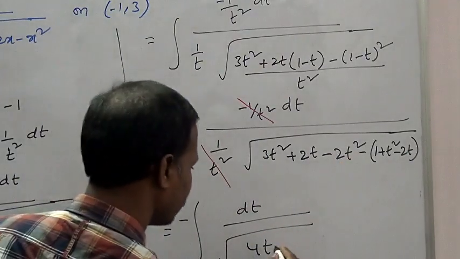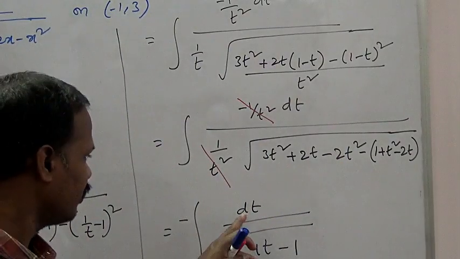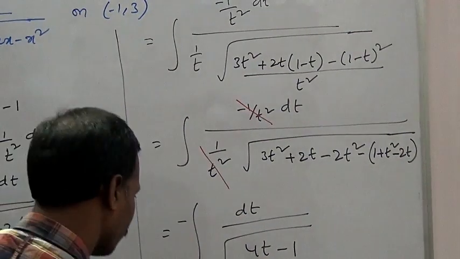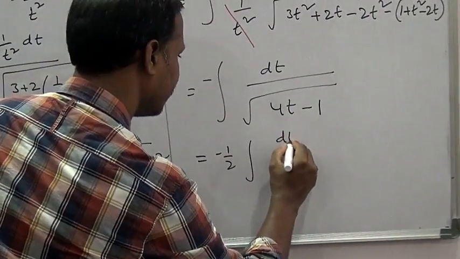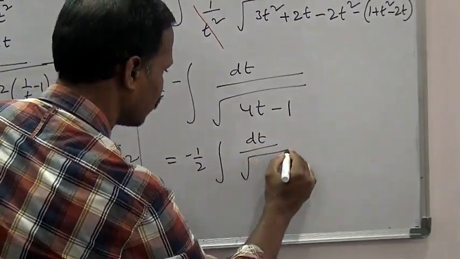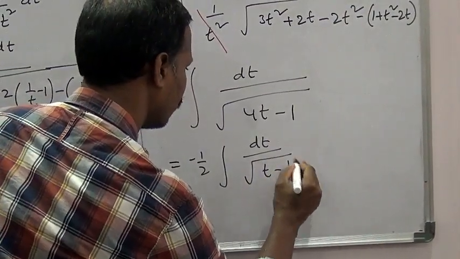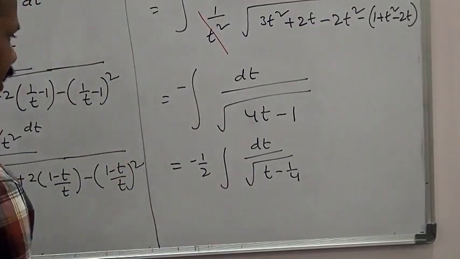Next constant is minus 1. So minus integral dt by square root of 4t minus 1. So take 4 outside. This becomes minus 1 by 2 integral dt by square root of t minus 1 by 4.